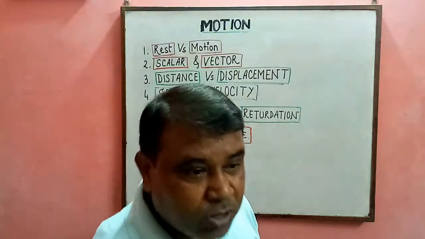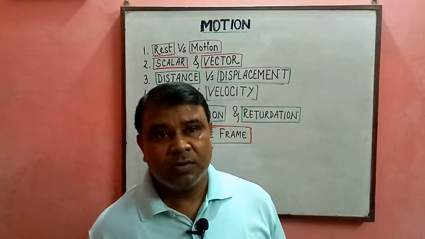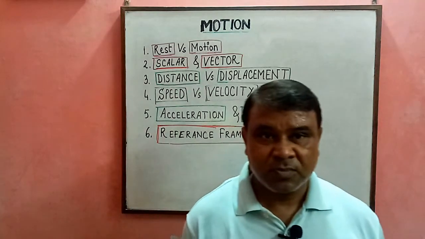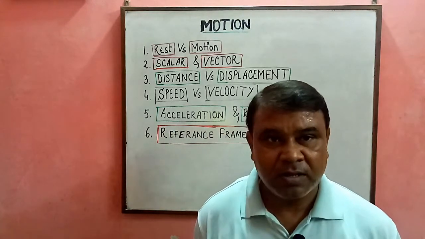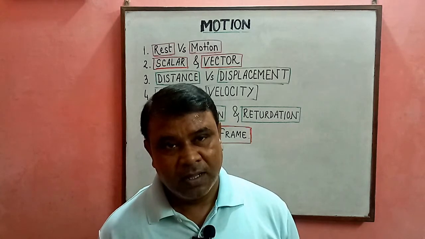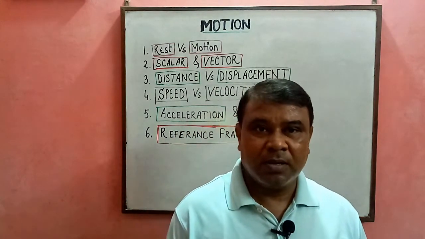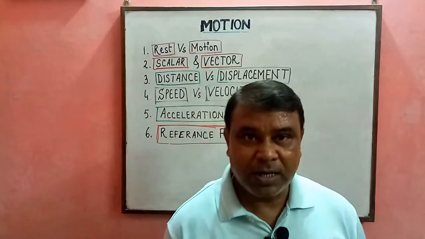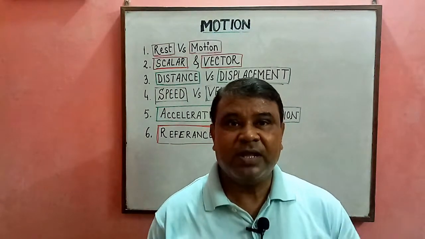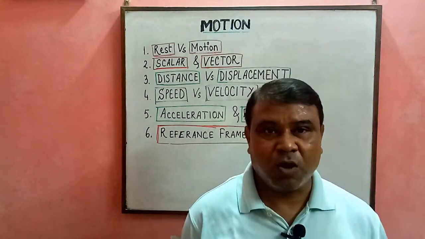When we do some work, we use force, muscular force normally. If I want to lift a weight, I have to take it up. Like this is the bottle, I'm lifting it up, having a direction towards north.